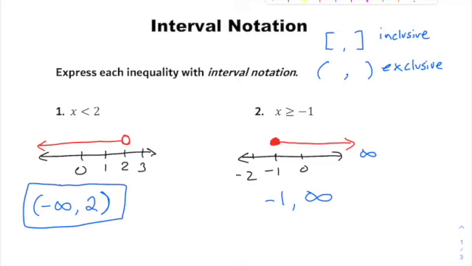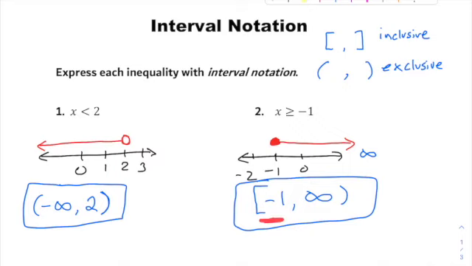We're including that value, so we would use a bracket around the negative 1. And infinity, again, you never actually get there, so that will always be a parenthesis. It does not have to be that both sides are brackets or both sides are parentheses. You're often going to mix and match here. So this would be interpreted as negative 1 inclusive to infinity.